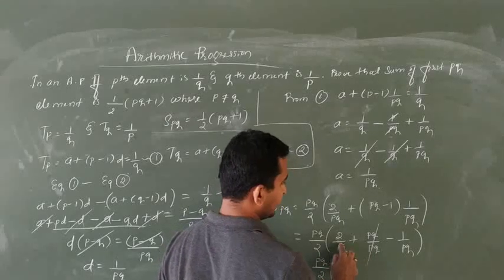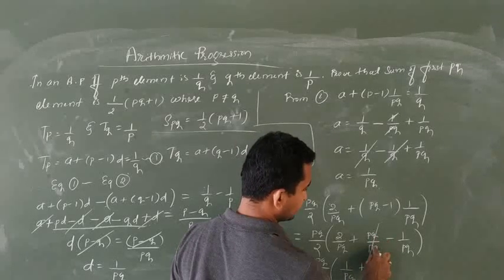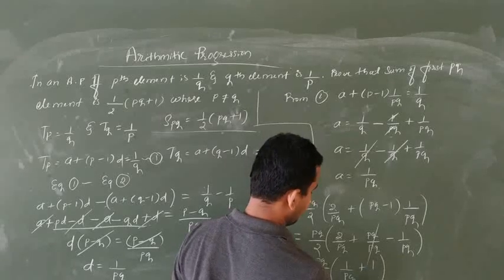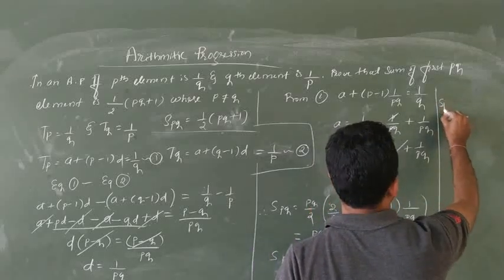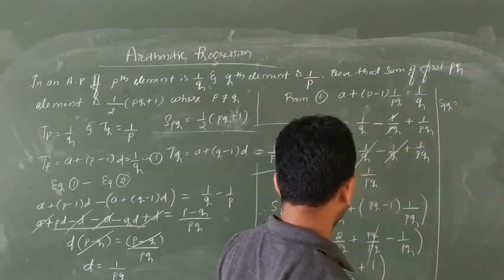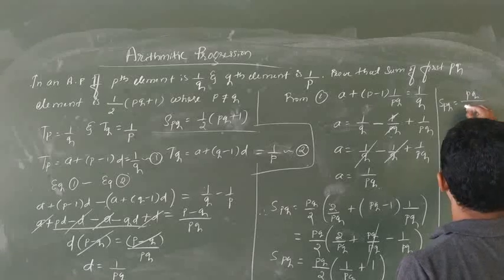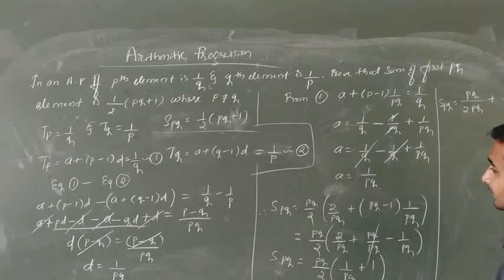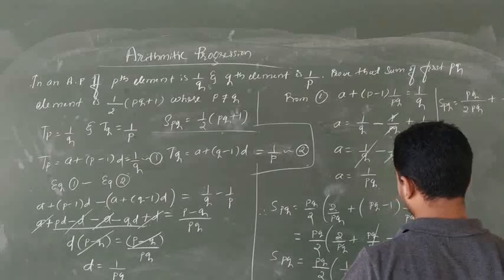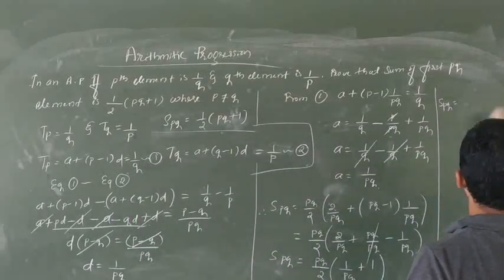So it is pq divided by 2, 1 divided by pq plus 1. Multiply this inside the bracket, then what I will get? S pq is equal to pq by 2 multiplied inside the bracket. What I want to show is 1 by 2 pq plus 1, so better I will take the 1 by 2 and only multiply pq inside the bracket.